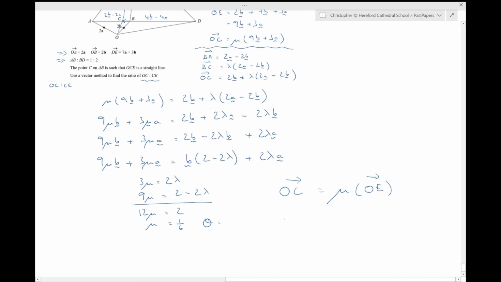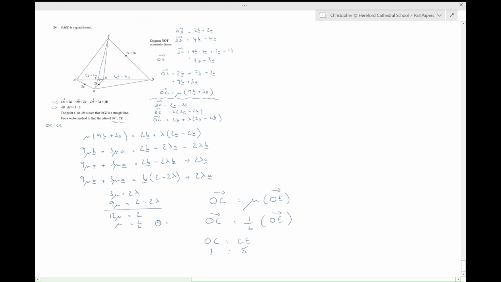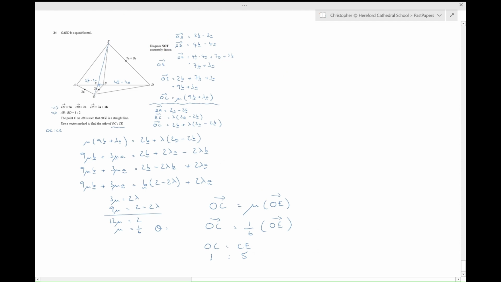So OC is a sixth of OE, a sixth of the whole distance. And I was asked for the ratio OC to CE. Well, if OC is a sixth of OE, then the ratio must be 1 to 5, because then OC is a sixth of the whole distance. So that is the ratio of OC to CE.